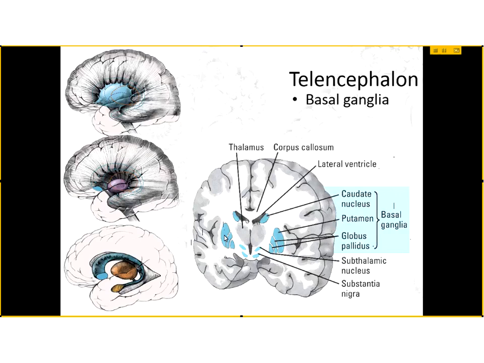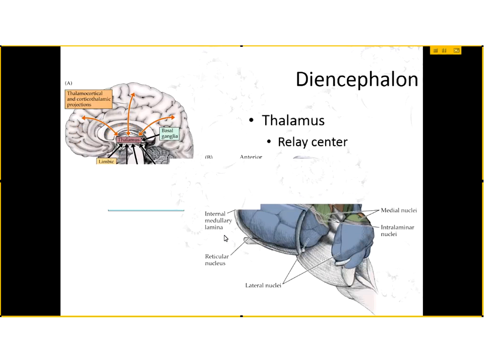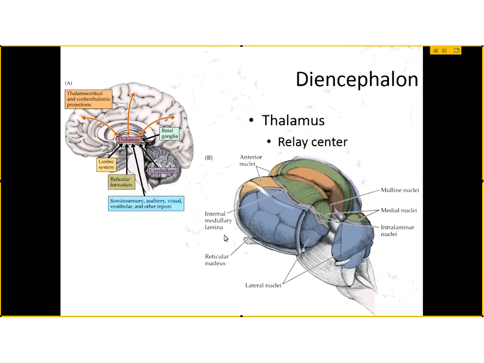Now, we've considered the three major structures in the telencephalon. We now move into the diencephalon, where there are two really important structures. The first is the thalamus, which is a major relay center. By that, I mean that anything from the body trying to get into the brain has to stop and synapse here in the thalamus before being allowed to go into primary cortical tissue.